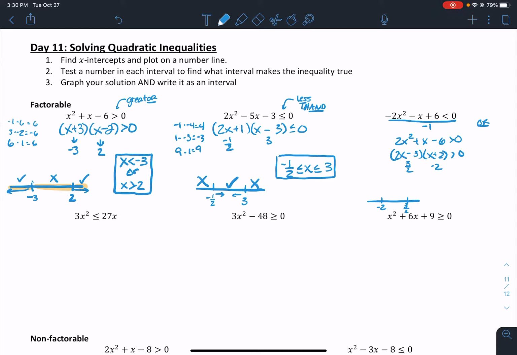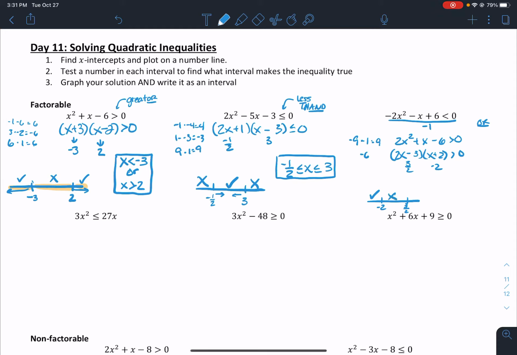So a number to the left of -2 is going to be -3. So -3 times -6 is +9... minus 3, then -3 plus 2 is -1. So that would be +9, which is greater than 0. And then we'll test 0, so -3 times 2, so -6.